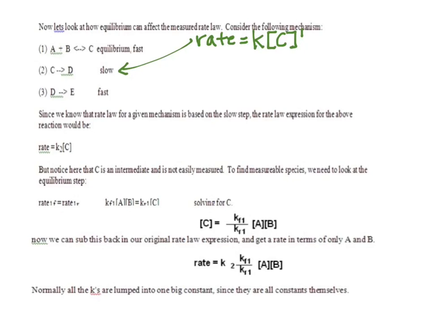I cannot use this one at all. Right? Look at your overall equation at the end. What do we have at the end? What's our equation at the end? A plus B gives me what? E. I'm looking at all the mechanisms at the top.